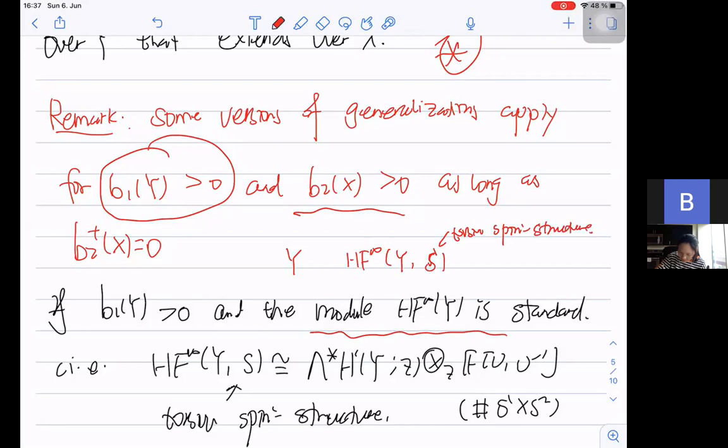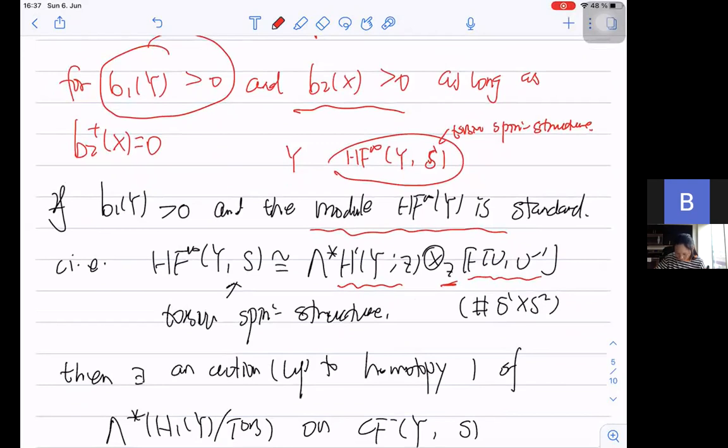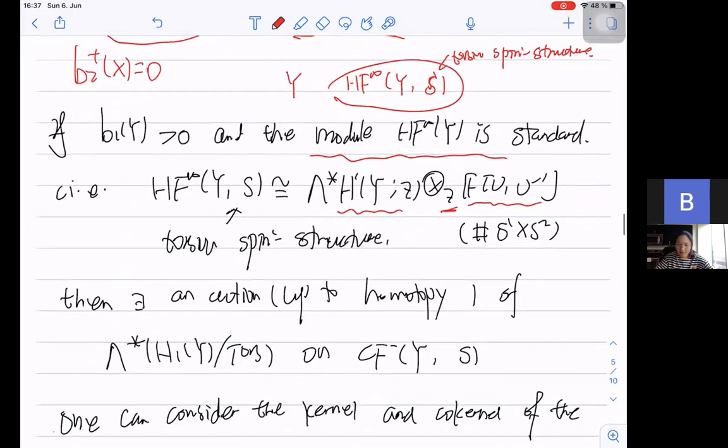We can describe this module, HF infinity of Y over the spin^c structure, as the exterior algebra of the first cohomology of the three-manifold Y, tensor the module F[U, U inverse] over the ring Z. Then we say our manifold Y has the standard HF infinity. In that way, we can define the top and the bottom.